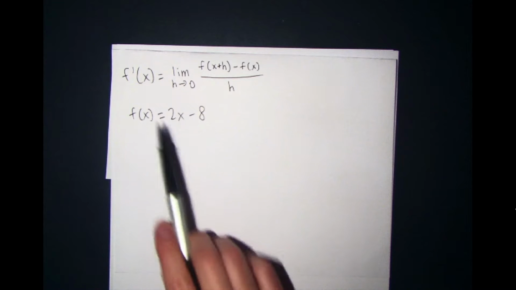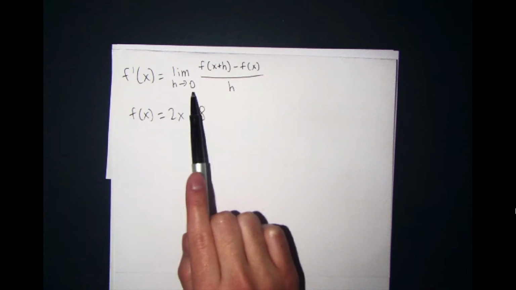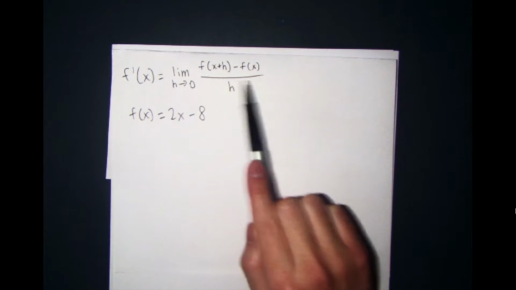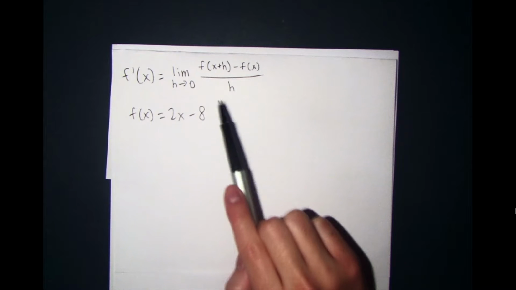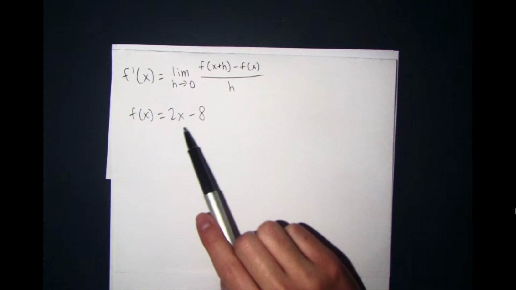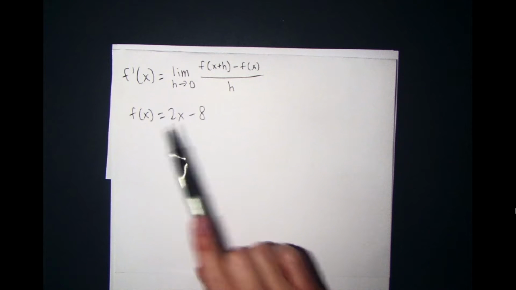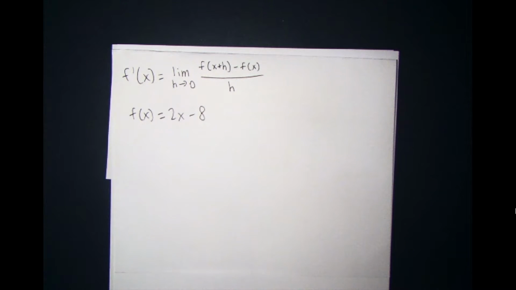The official definition of a derivative is f prime of x is equal to limit as h approaches 0 of f of x plus h minus f of x, all over h. Now that we have the definition of a derivative, we can use this to actually find the derivative of different functions. So let's take the function f of x is equal to 2x minus 8 as an example.